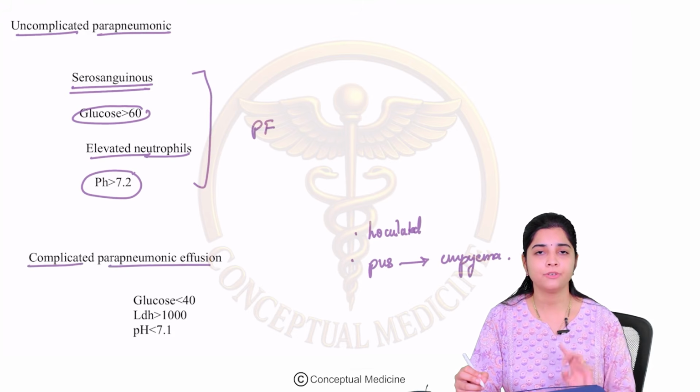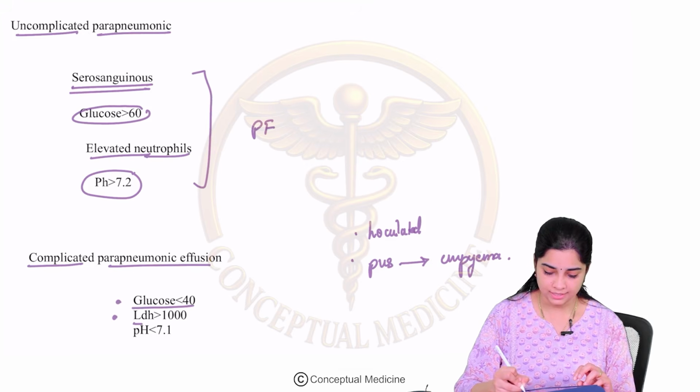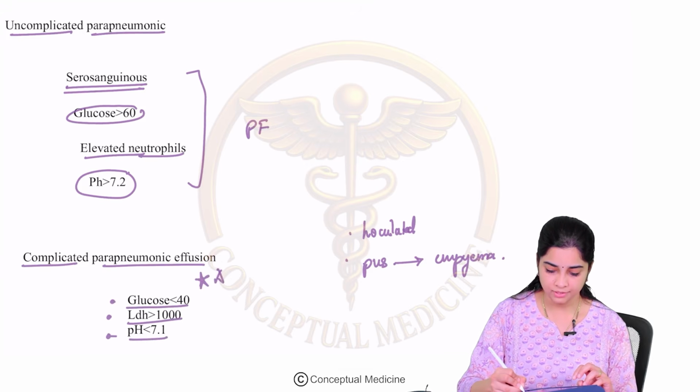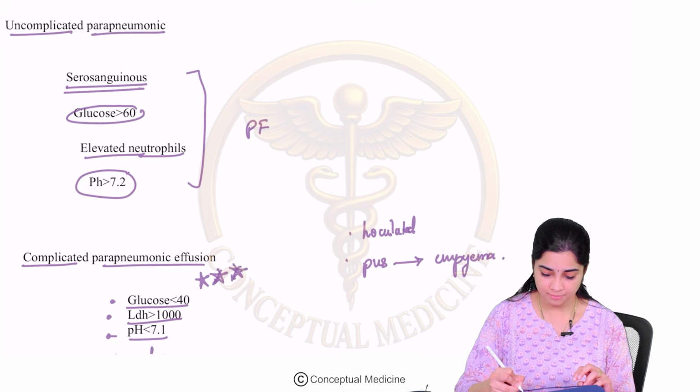And what are the pleural fluid characteristics of a complicated parapneumonic effusion? Remember, glucose less than 40, LDH more than 1000, pH less than 7.1, very, very important. And you can have frank pus in the pleural fluid aspirate, or you can find gram stain positive or culture positive.